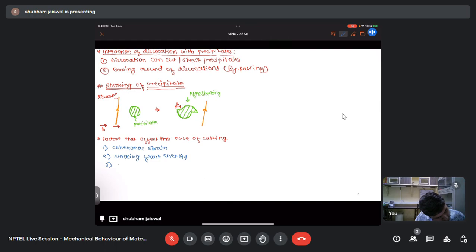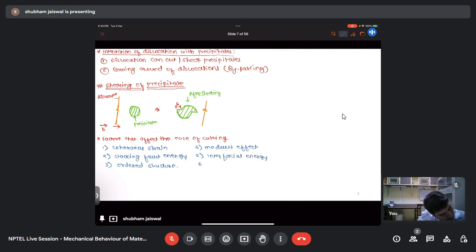The third one is the ordered structure. The fourth one is, let's say, the modulus effect. And the fifth one is, let's say, interfacial energy.